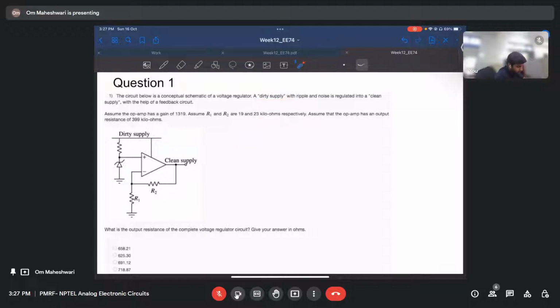It will have some ripples or fluctuating voltage here. The op amp has an open loop gain of 13919. R1 and R2 are given, and the op amp output resistance is 399 kilo ohms. What is the output resistance of the complete voltage regulator? So let us see how to solve this.